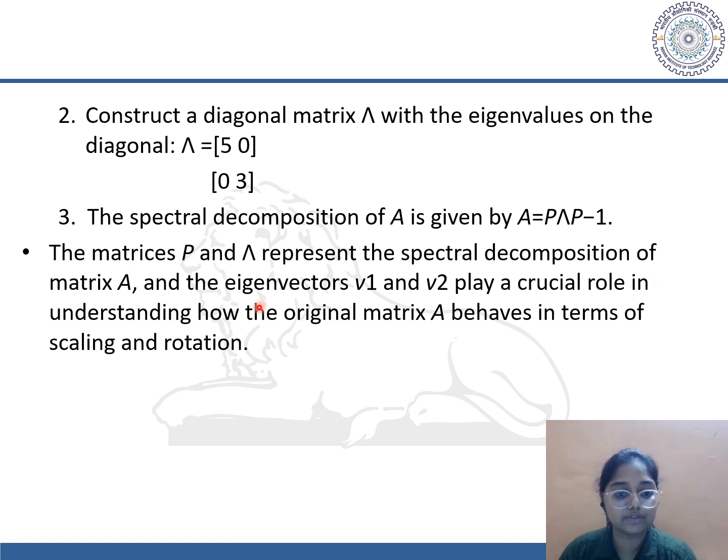A behaves in terms of scaling and rotation, as I've already told before how the orthogonal matrix is responsible for rotation. Here, the P transpose rotates the eigenvectors from their original position to the standard axis, and lambda scales, and the orthogonal matrix again rotates the eigenvectors, which are now on the standard axis, to their original direction.